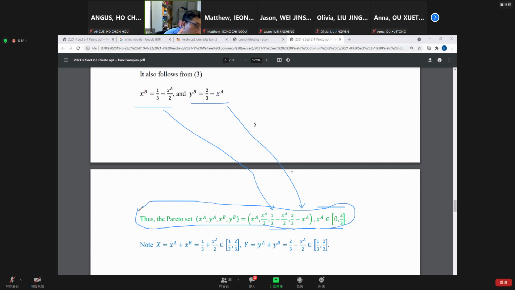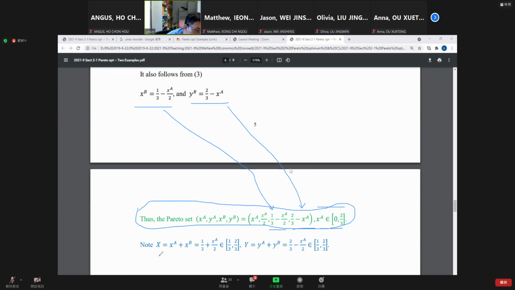You know, this part is about consumption, or we call exchange. It's actually about consumption, about you and me, how much we eat and drink, and nothing to do with production. And now this part is about production. How much for good X?